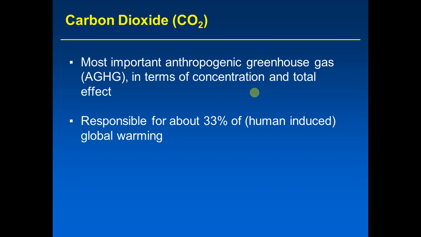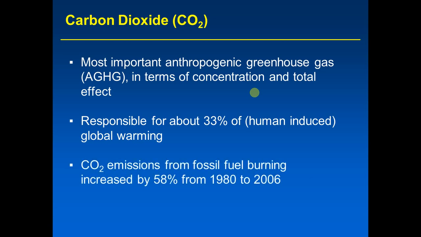And CO2 emissions from fossil fuel burning, the primary way humans put CO2 into the atmosphere, went up by 58% from 1980 to 2006. From 20,000 million metric tons per year in 1980 to over 30,000 million metric tons per year globally in 2006. Okay.